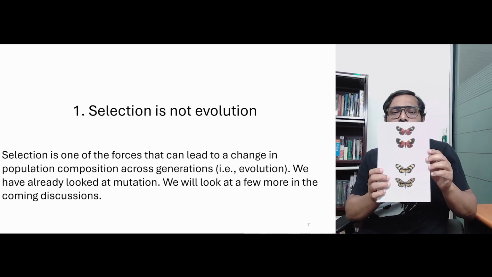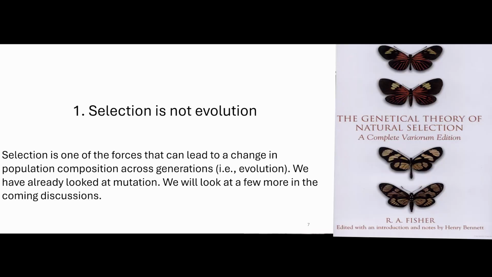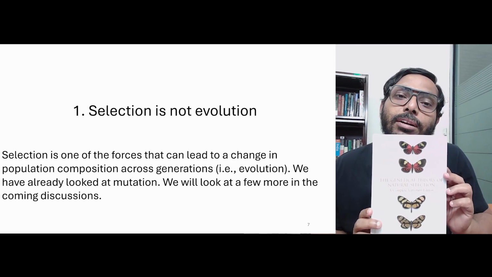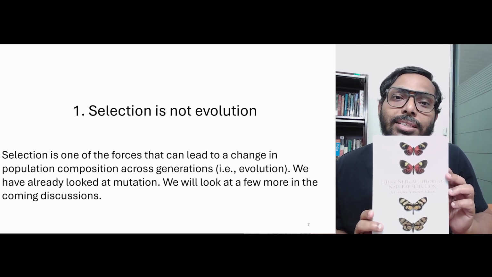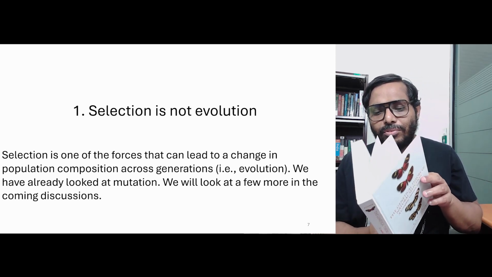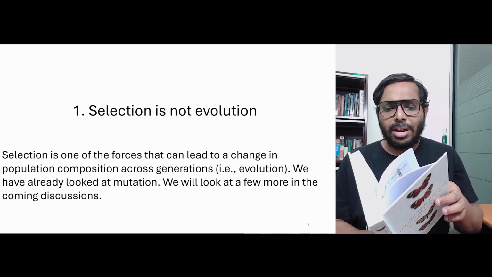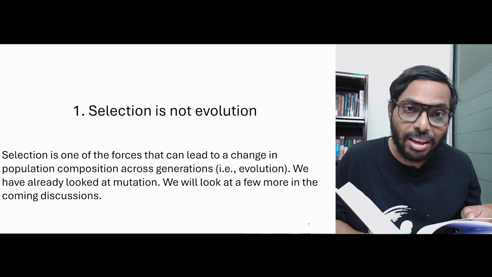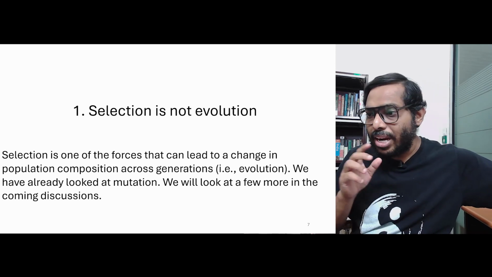It is this book, the Genetical Theory of Natural Selection by R.A. Fisher. Actually, this is reputed to be the second most important book in evolutionary biology, next only to Darwin's Origin of Species. And the first sentence of this book is: natural selection is not evolution.